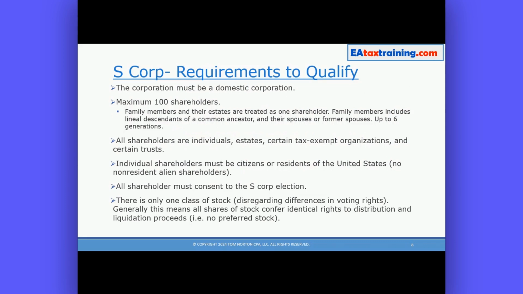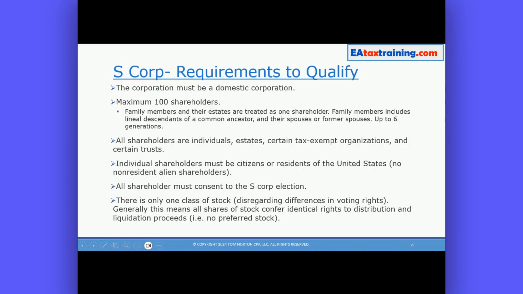It has a maximum of 100 shareholders. You will want to know that number for sure. Maximum of 100 shareholders. Now you can see underneath there is this exception that family members and their estates are treated as one shareholder. So this includes lineal descendants of a common ancestor and their spouses or former spouses up to 6 generations.